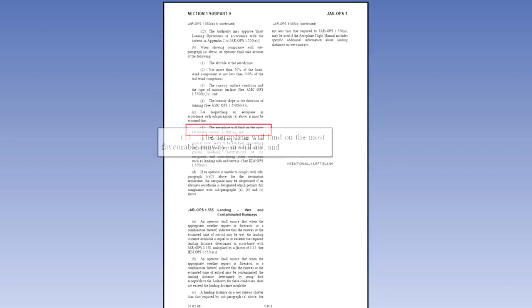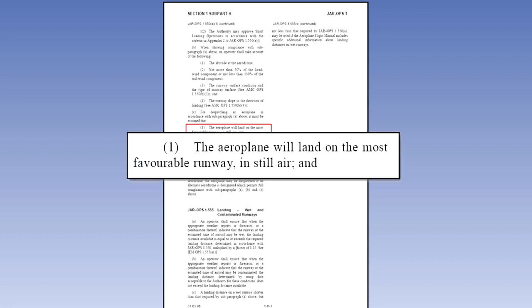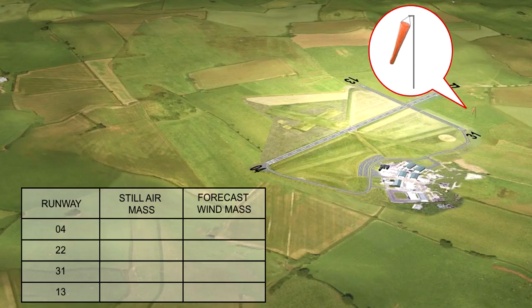The first assumption is that the aeroplane will land on the most favorable runway in still air or zero wind. This means that, assuming zero wind at the destination airfield, the runway which would accommodate the largest possible mass would be selected, since that is the most favorable runway. In our example on screen, assuming zero wind, runway 04 and runway 22 both allow a maximum landing mass of 1,500 kilograms.